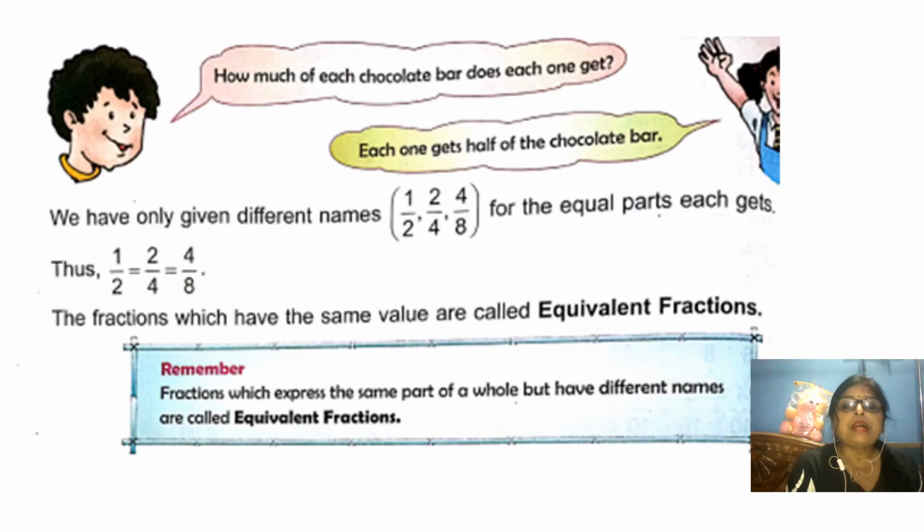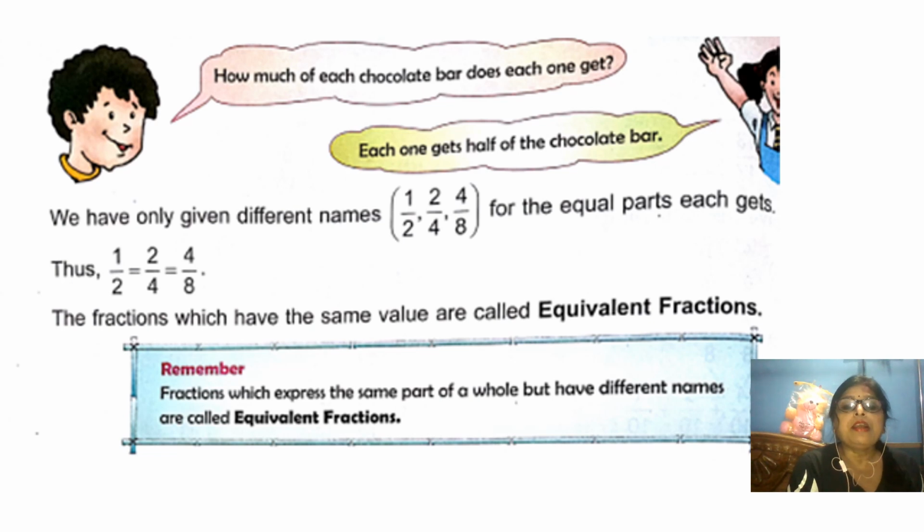Now students, you can say, how much of each chocolate bar does each one get? Each one is getting half of the chocolate bar. There are 3 different names for that: 1 by 2, 2 by 4, 4 by 8 for the equal parts each gets.